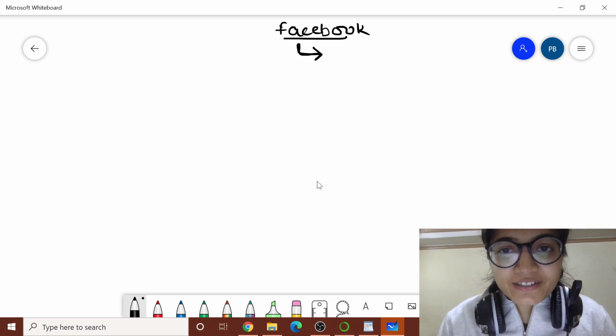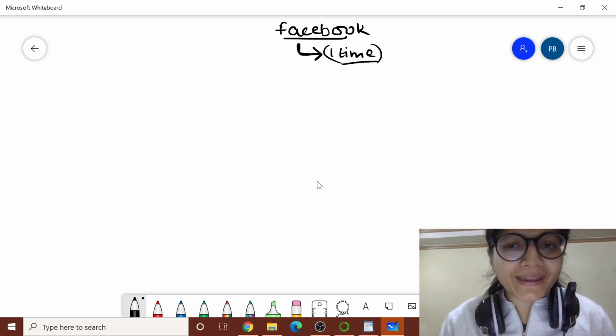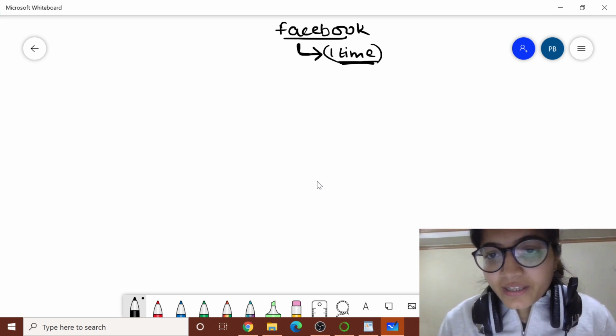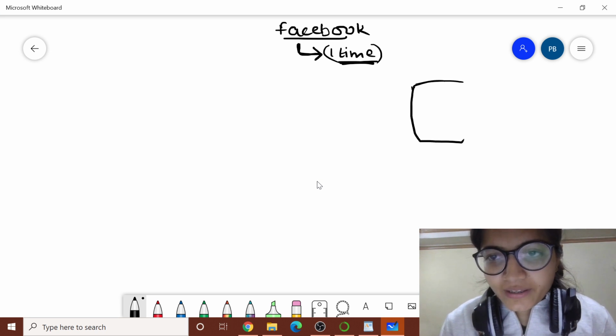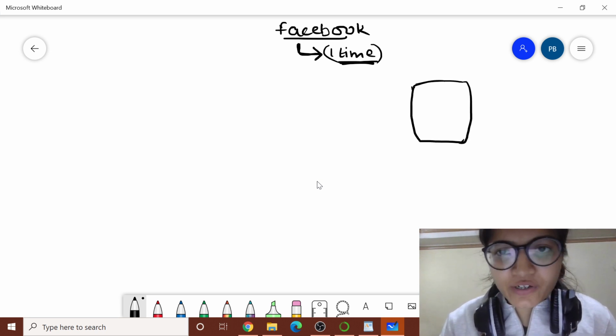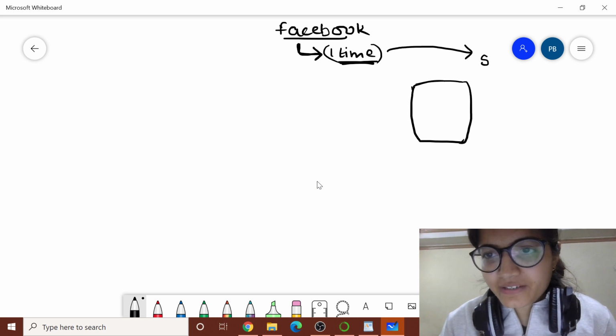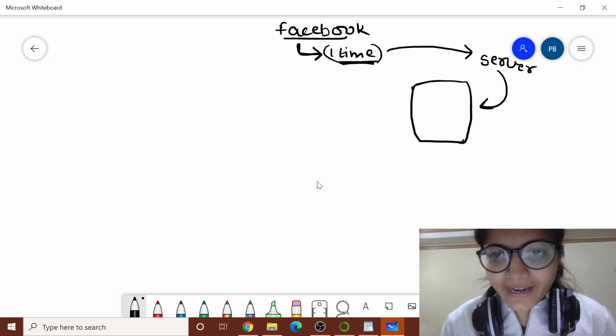If that search is done only one time, not many times, then initially, the first time, it will fetch from the server and put it into a cache. I hope everyone knows this.